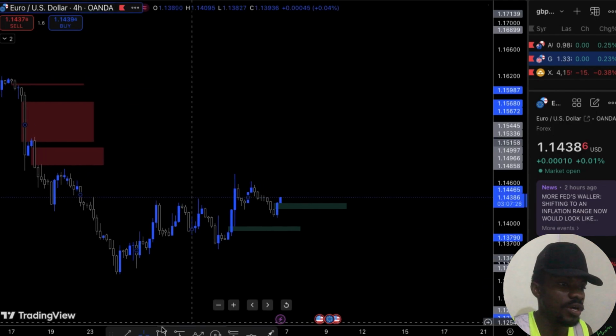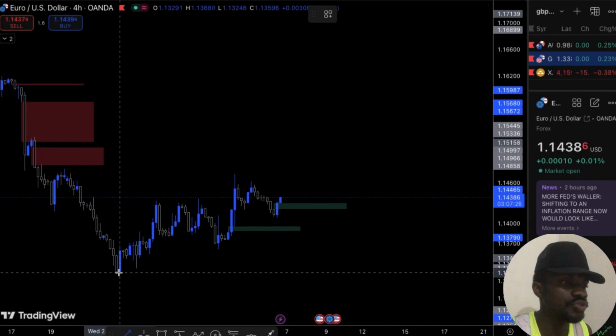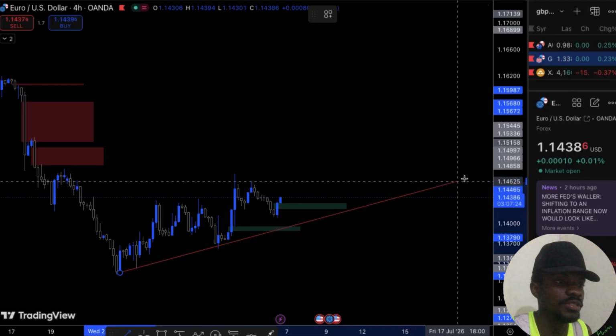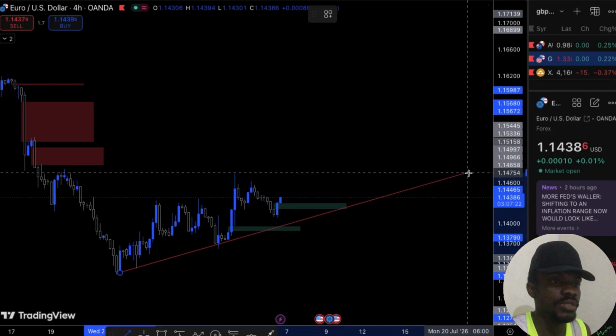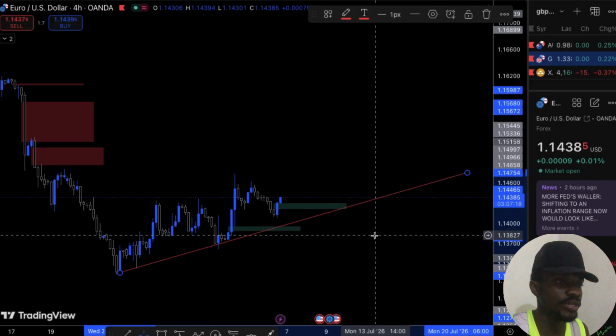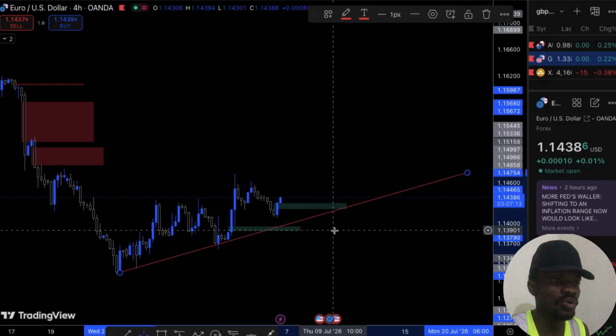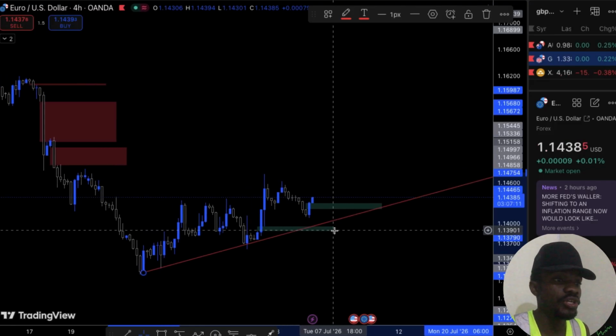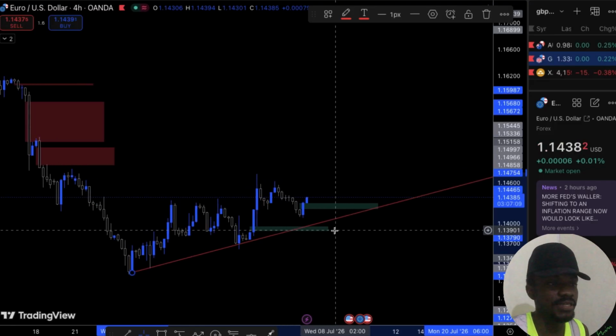Those who trade the 4-hour time frame, you can actually follow this with me. If you don't trade the 4-hour time frame, that's fine. You can use this strategy on any time frame that you trade on. So boom, your trend line should be looking something like this, not too flat and not too straight.